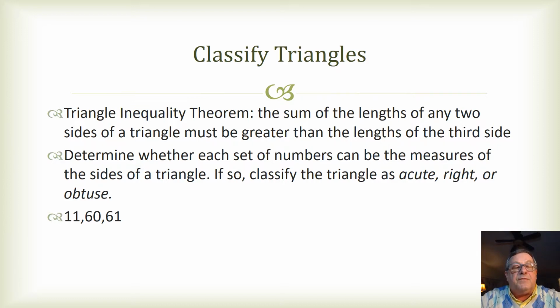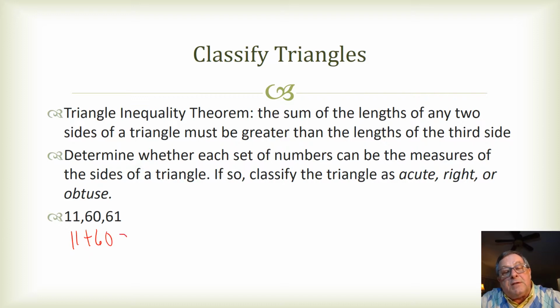So here we have side lengths of 3 segments, 11, 60, and 61. And we want to first apply the triangle inequality theorem to determine, is this even a triangle? That means that the length of any two sides has got to be greater than 61. Now let's start with 11 plus 60.